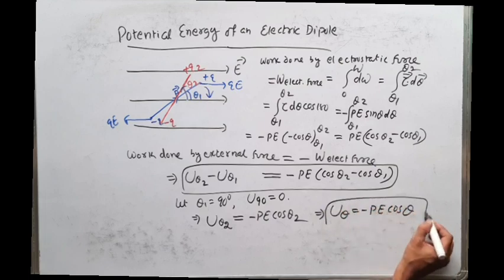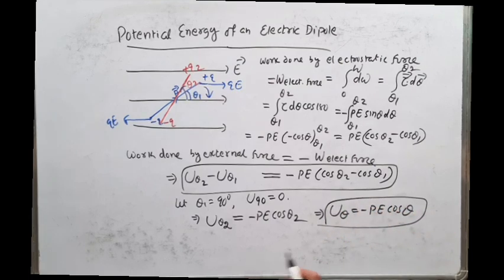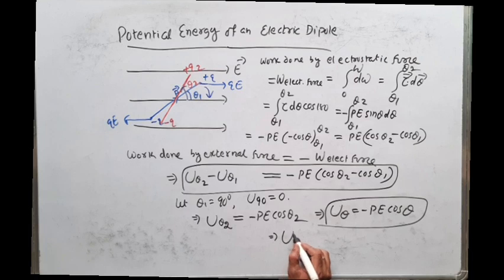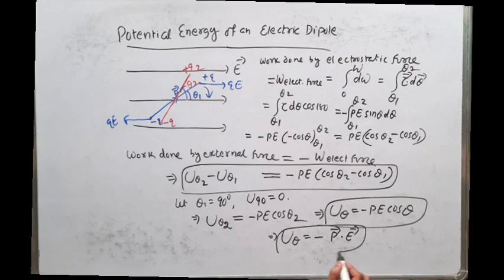So this is the expression of the potential energy. But P is a vector, E is a vector, and PE cos theta is nothing but P vector dot E vector. Here minus, here minus. So this is the expression of the potential energy of a dipole.